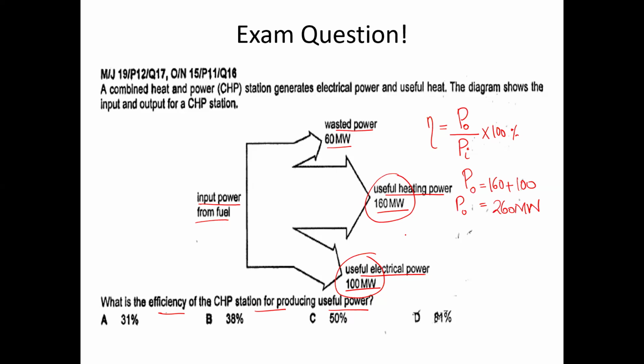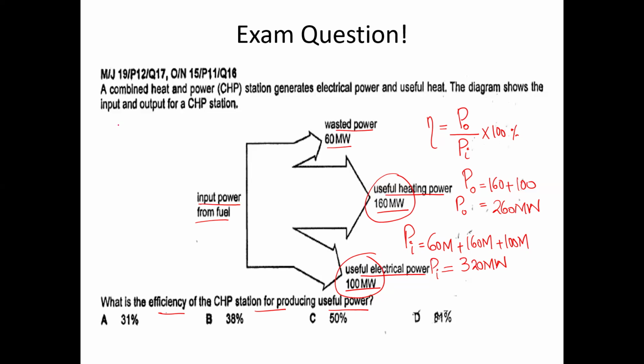The input power will be equal to 60 mega plus 160 mega plus 100 mega. And this will be equal to how much? 260 plus 60 will be equal to 320 megawatts. This will be the input power, right?